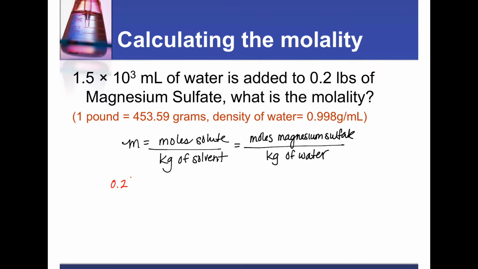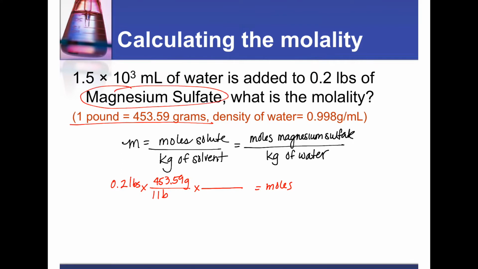I have 0.2 pounds, and my problem tells me that 1 pound is 453.59 grams. And then I need to get from grams to moles. And to do that, I need to use the molar mass. To find the molar mass, I need to know the formula for magnesium sulfate.